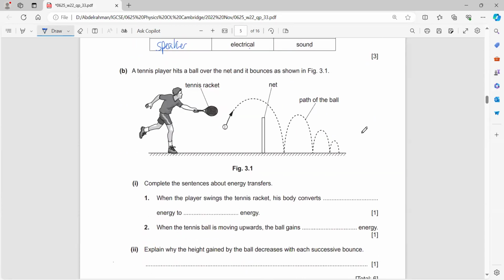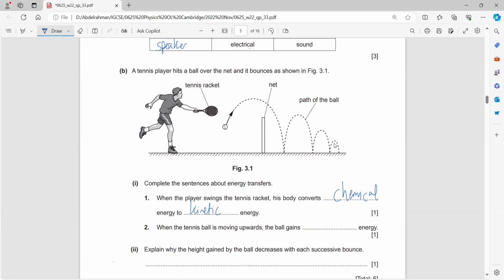Complete the sentences about the energy transfers. His body converts what to what? Chemical to kinetic. Right. Okay. Stored energy inside the body is always chemical and then it is converted into kinetic energy. Okay.